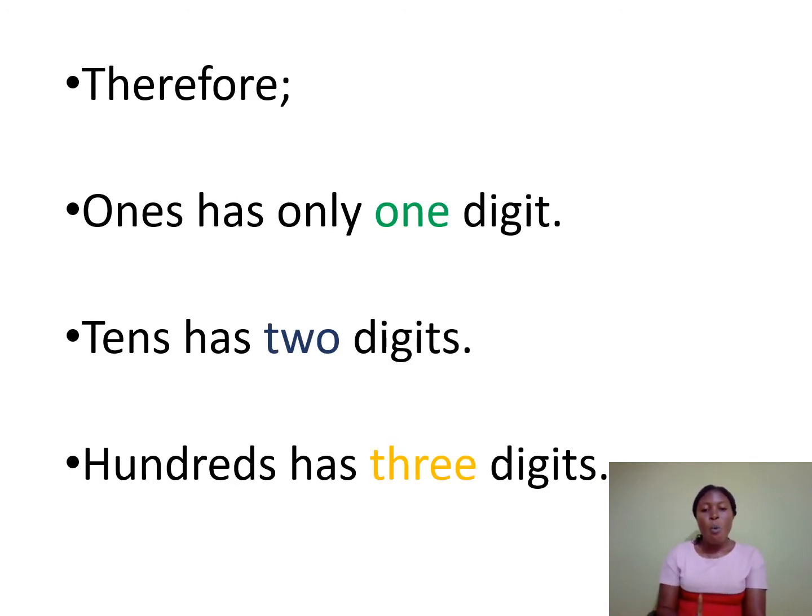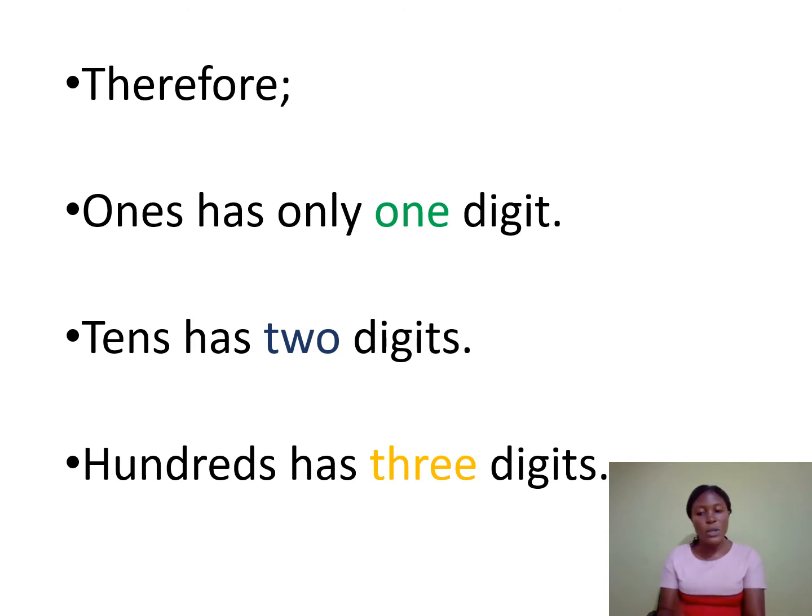Therefore, ones has only one digit. That means it has only one number symbol, which is the 0, 1, 2, 3, 4, 5, 6, 7, 8, and 9.